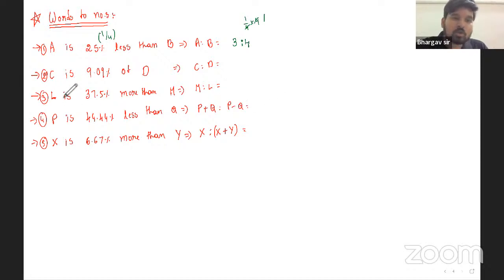Now, question number 2 is different. It's not asking the percentage change. It's just asking the ratio of C and D. 9.09% is 1/11. We all know it, right? Now here, what is it telling? इस क्वेश्चन के सॉल्यूशन में C is 9.09% of मतलब 1/11 of D. And he is simply asking C is to D. C by D is equal to 1:11, right?